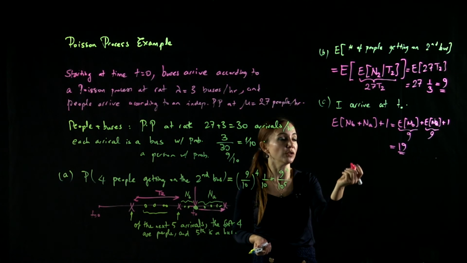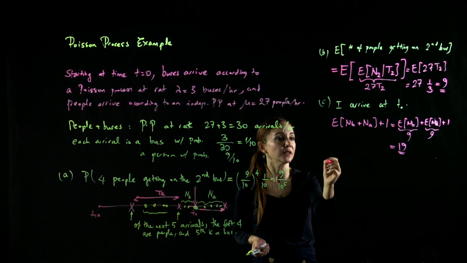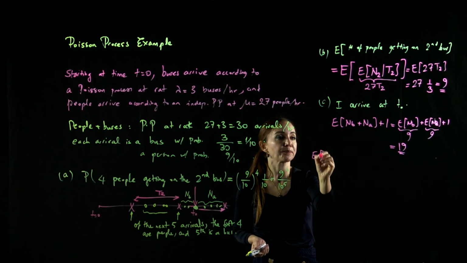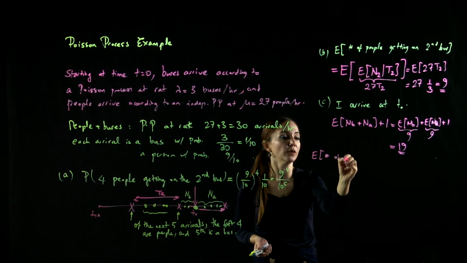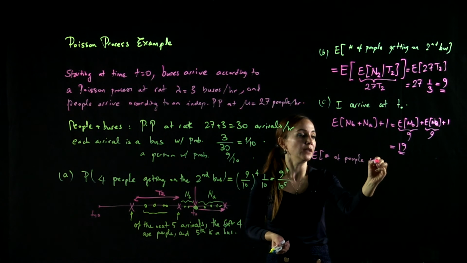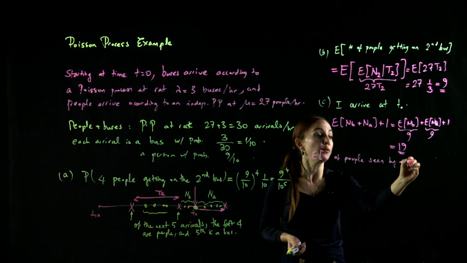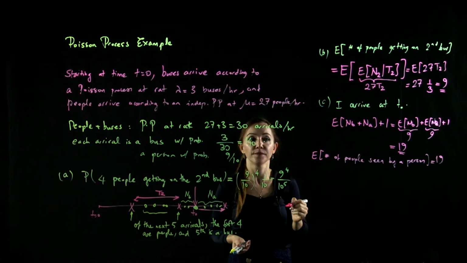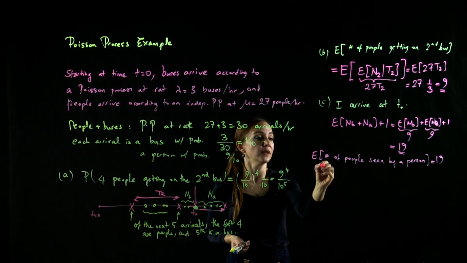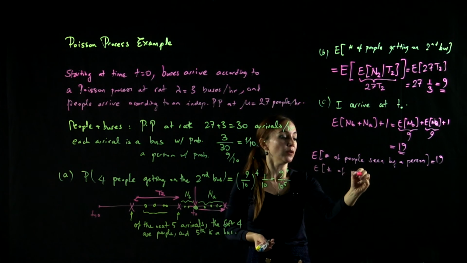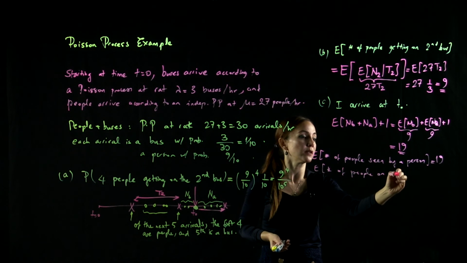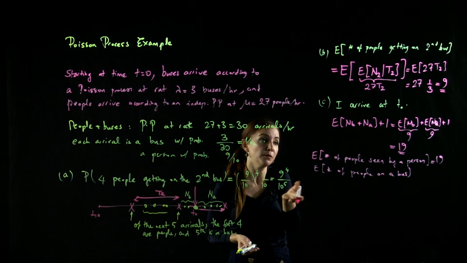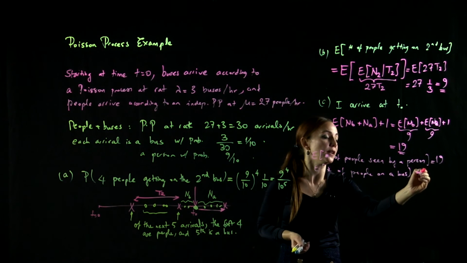So what is going on? Let's rephrase this. The expected number of people seen by any person getting on a bus is 19. But the expected number of people on a bus, that is the expected number of people seen by a bus driver, is 9.